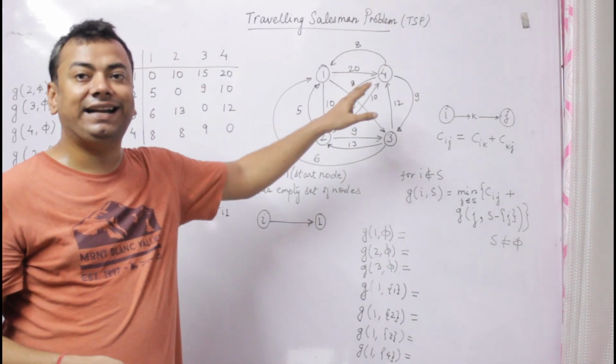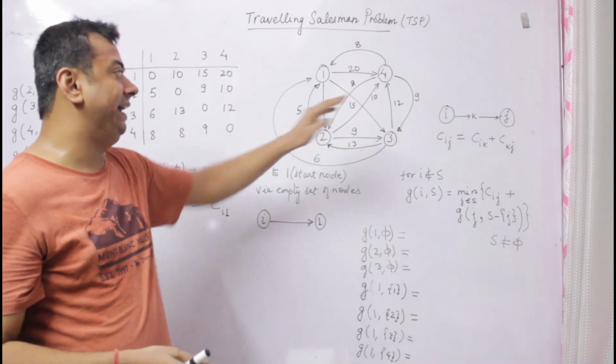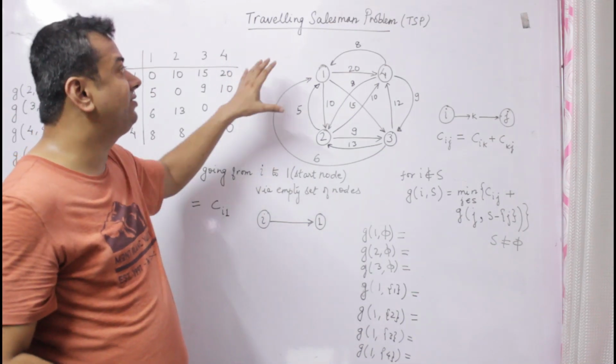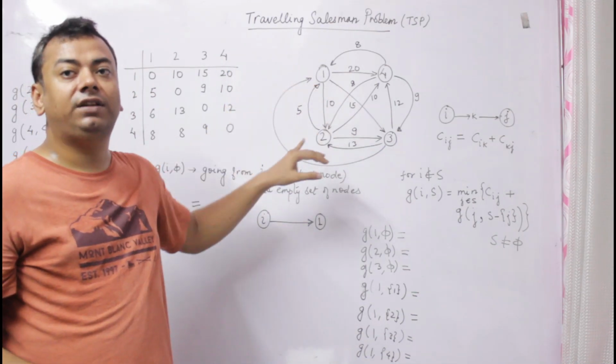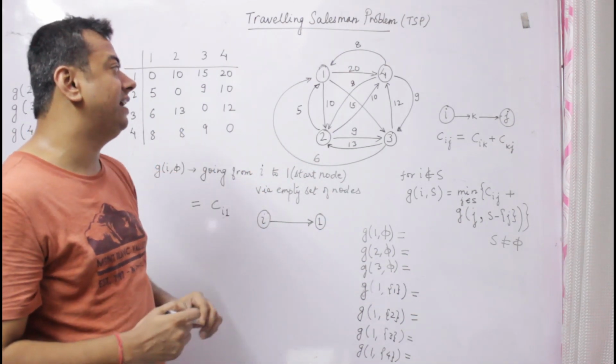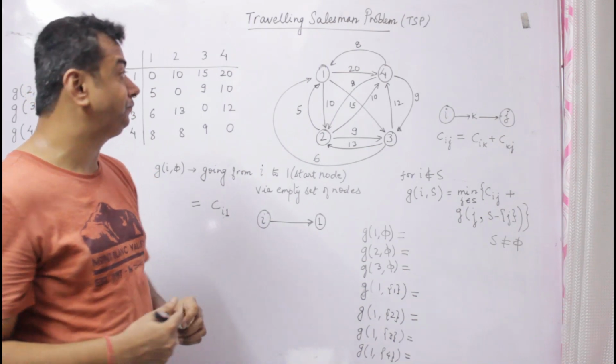In that case, that edge cost will be not defined. One more important point: in this traveling salesman problem, all of the weights are non-negative, strictly positive.